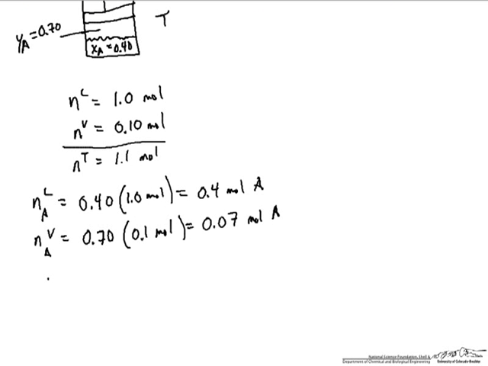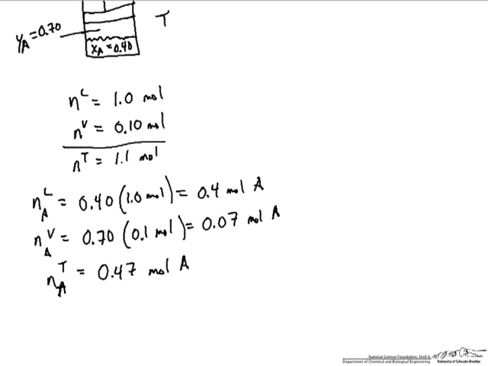That means that our total number of moles of A in both phases, which I'll call N_A,T here, is just summing up those two contributions, and so we have 0.47 moles of A in our entire system.